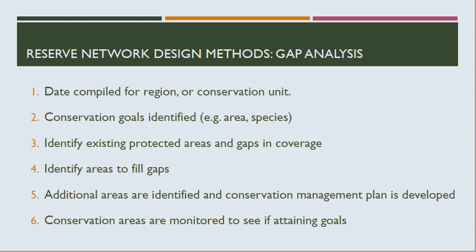Okay? So a gap analysis is quite often carried out to ascertain whether the existing reserve network is good enough. So for instance, within Trinidad with plant conservation, it's pretty clear that in the existing reserve network, Serra del Aripo, which is the highest point in Trinidad, has the highest numbers of endemic plant species in Trinidad, and yet is not in any reserve network.